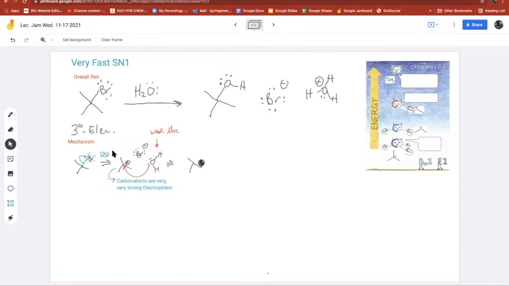And we get this water added on there, plus charge. And then another water molecule comes around and can deprotonate this. Boom, boom. Here, I'll make this colorful. I'll add green. To give us our final product.